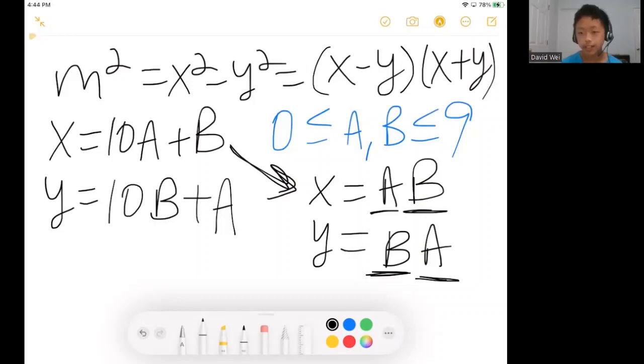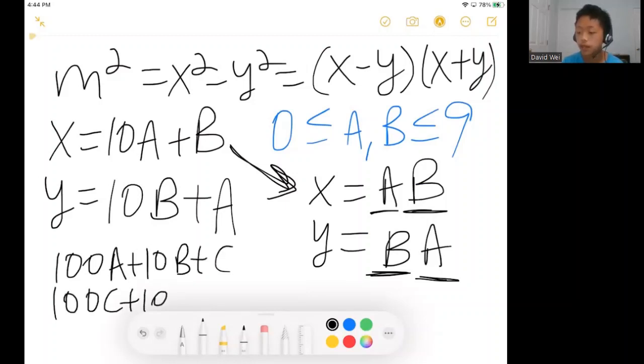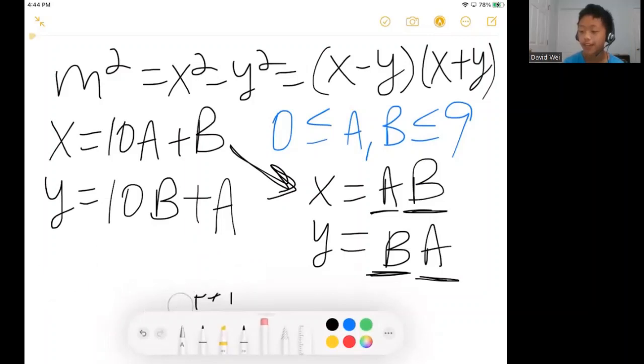A very good strategy is to write, in this case, 10a plus b, and then the reverse 10b plus a. If x was a three-digit number, you would write x as 100a plus 10b plus c, and the reverse would be 100c plus 10b plus a. You should definitely be very good at using this strategy because it appears a lot.